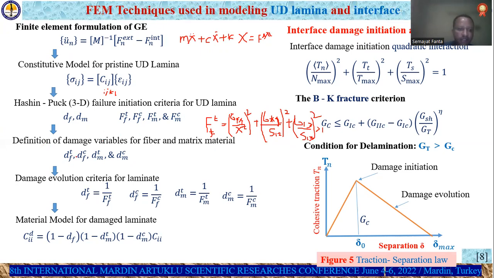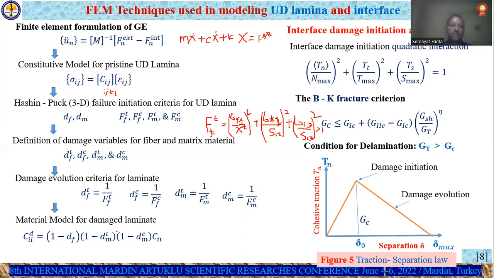And then DFT, DFC, DMT, DMC are the solution-dependent state variables. These are damage variables, which determine the damage evolution parameters. And the damage evolution criteria for the laminate is simply defined using the damage variables with the failure index parameters.